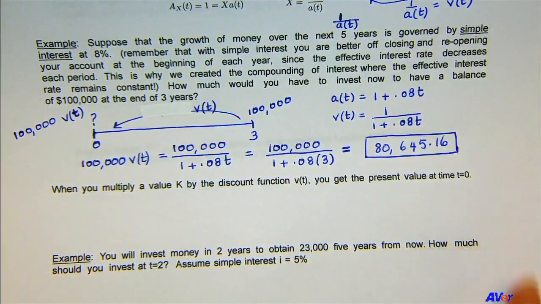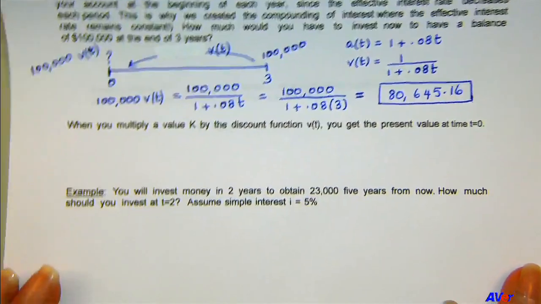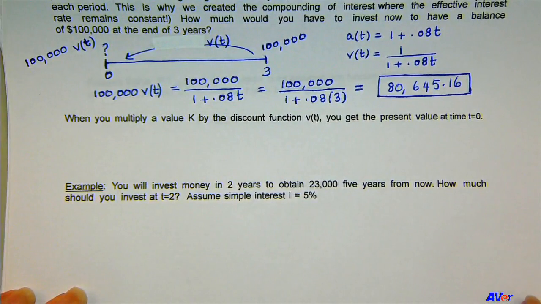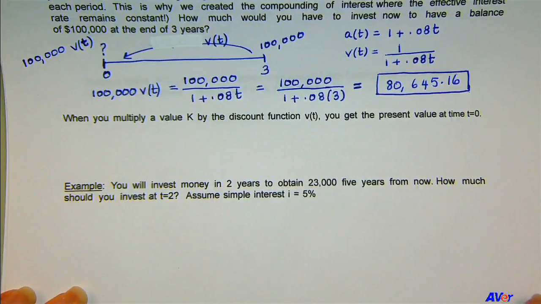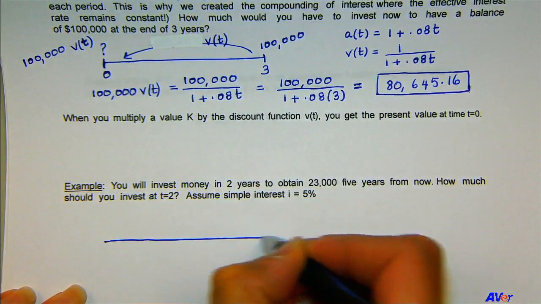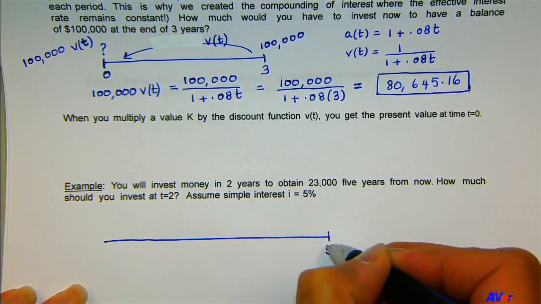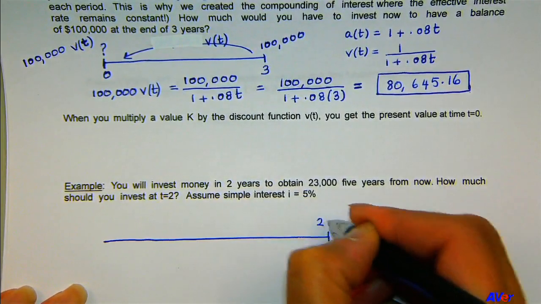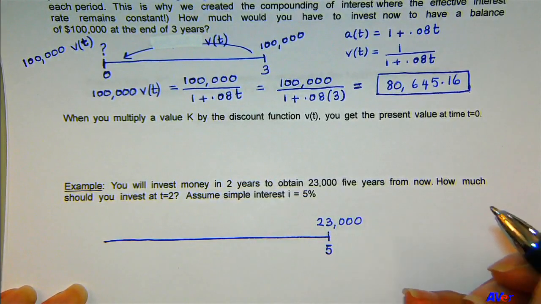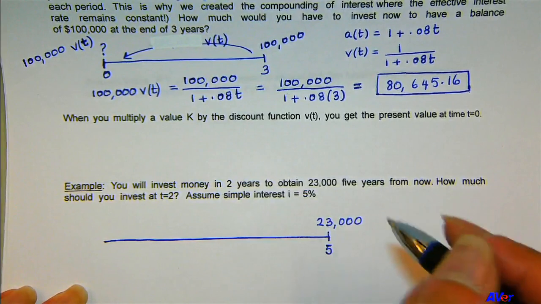Let's do the next problem. You will invest money in 2 years to obtain 23,000 5 years from now. Okay? So at time 5, the value would be 23,000. The problem is you're not investing that money now.